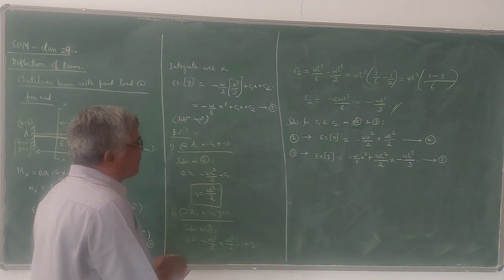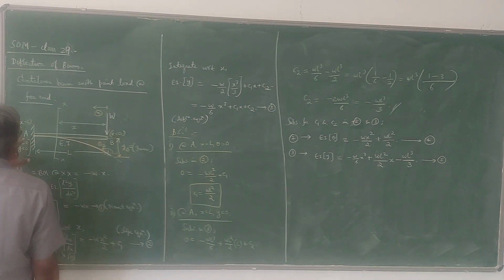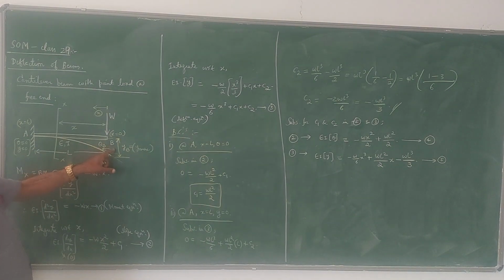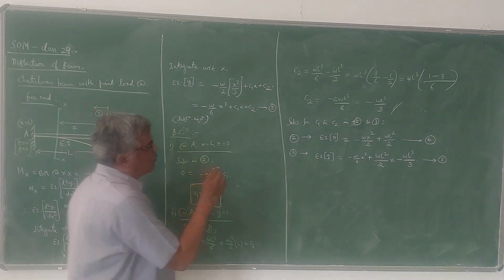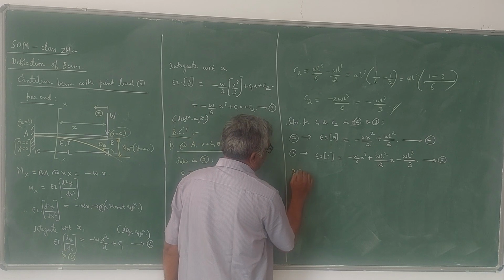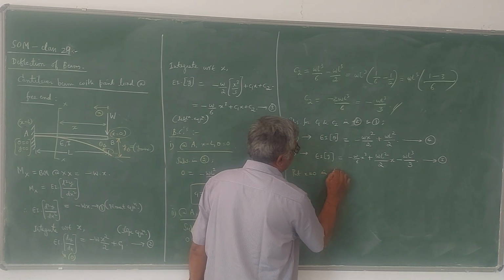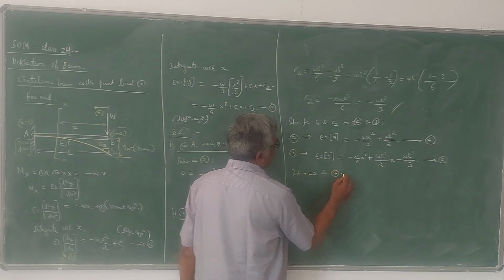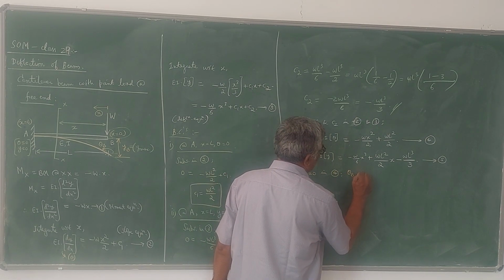Now we need the value of slope and deflection at the free end. So at the free end, x is equal to 0, you know that. If you put x is equal to 0 in 4, you will get the slope theta b.